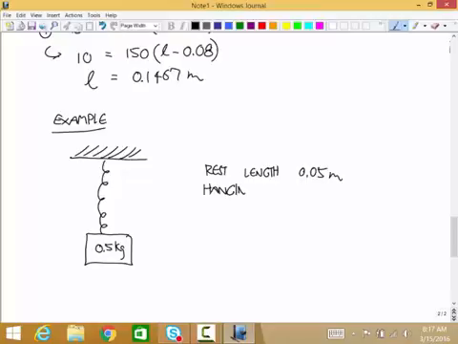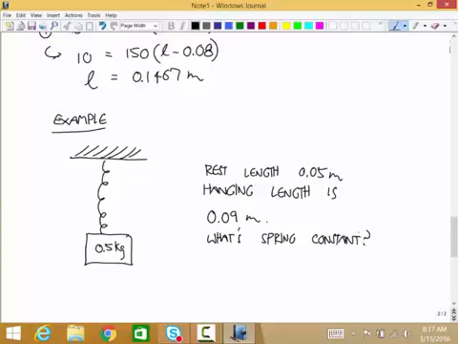And when you do that, the hanging length is 0.09 meters. What's the spring constant? Okay, and don't do this in your head. I want you to go up to the board, draw a free body diagram, write out Newton's second law.